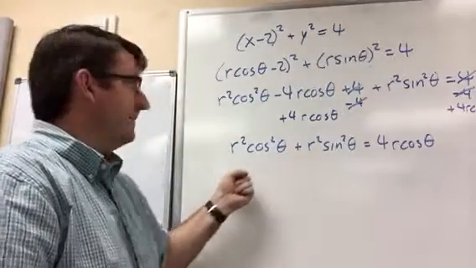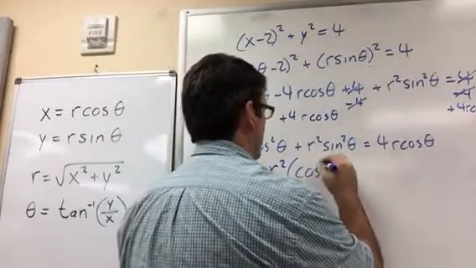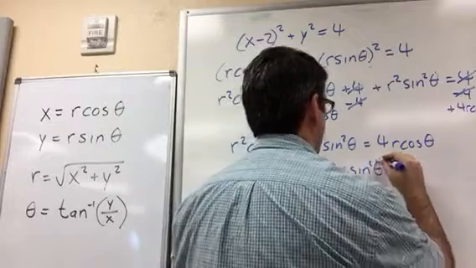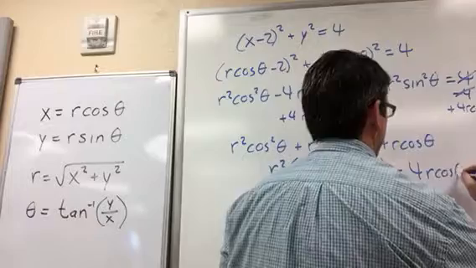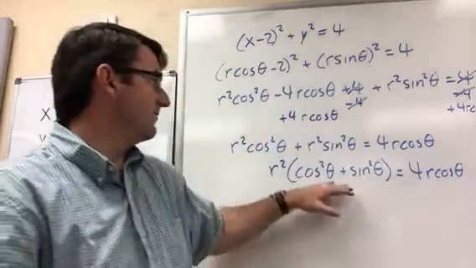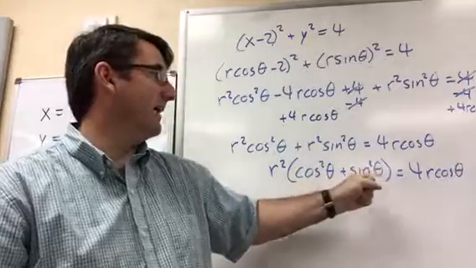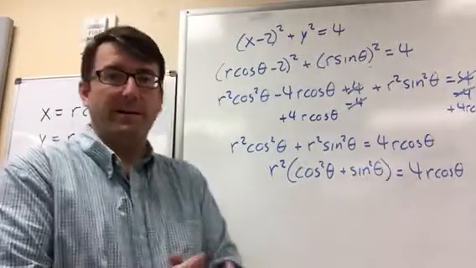Now we can factor an r squared out of this. We get r squared times (cosine squared theta plus sine squared theta) is equal to 4r cosine theta. And the reason that this works out nicely for us is because cosine squared theta plus sine squared theta is just 1. That's one of our Pythagorean identities.